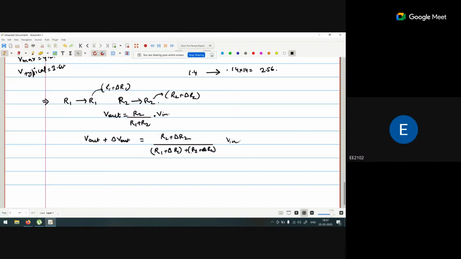Okay. Now can I take R2 from the numerator and R1 plus R2 from the denominator? So V out plus delta V out is equal to R2, taking from the upper side, upon R1 plus R2.